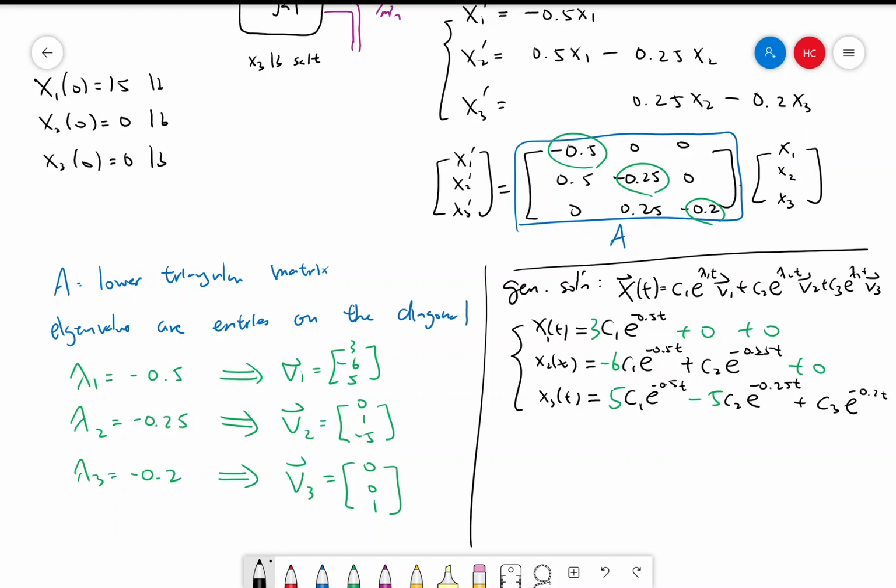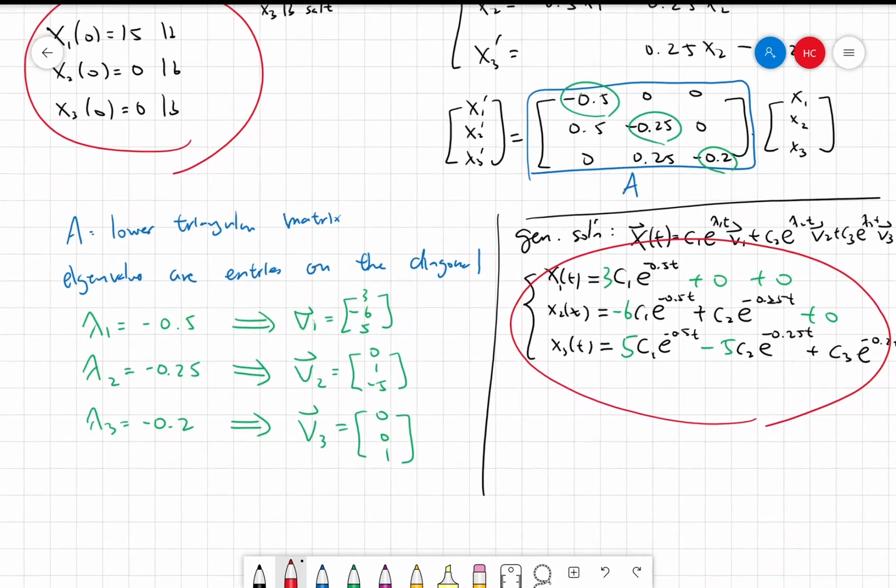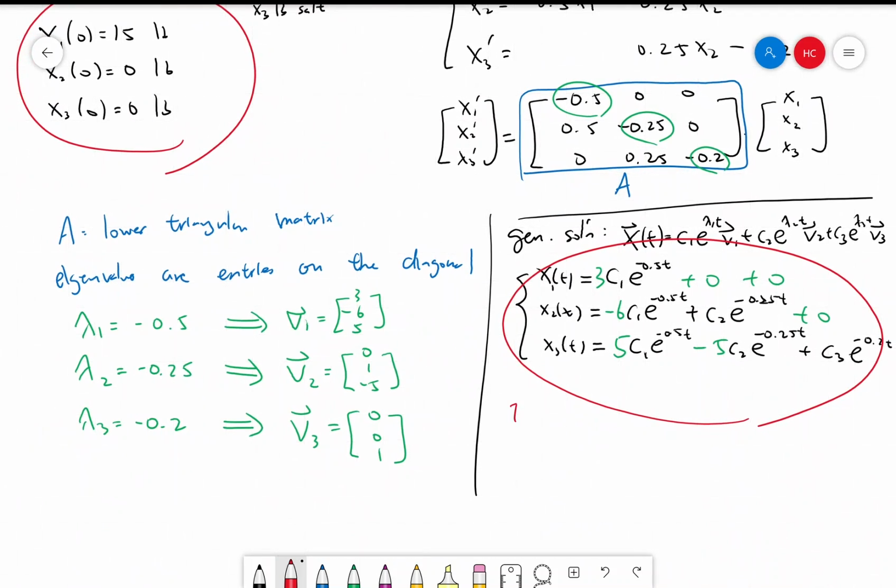Okay, so this is the general solution, but remember we have an initial condition, so we can solve for a particular solution. We just copy down the initial conditions. So x1 of 0 is 15, x2 of 0 is 0, x3 of 0 is 0.